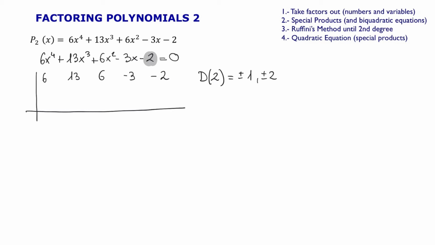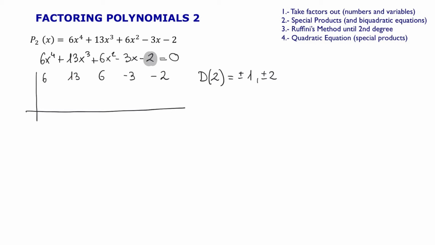Remember that we had two easy rules to figure out if 1 or negative 1 are roots of my polynomial. For the 1, we need to sum up all the coefficients of the polynomial, and the result must be 0. In this case, it's clearly different from 0 because we have big positive numbers here.